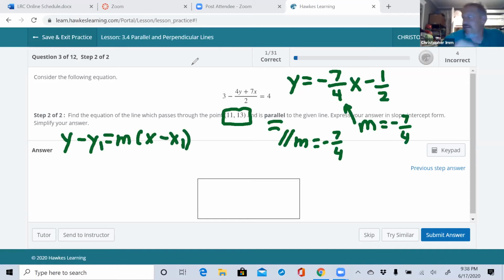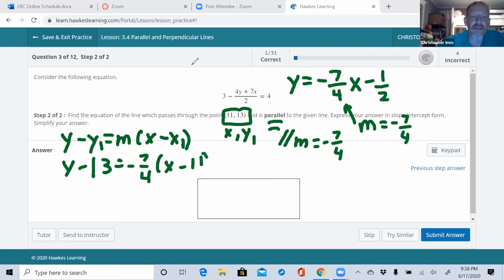All right, so let's go ahead and plug this in. So I'll have y minus 13 is equal to that slope times x minus 11. And I'm going to go ahead and solve for y. So we'll have y minus 13 equals negative 7/4 x. Distributing through, I have plus 77 over 4. And I add that 13 over.